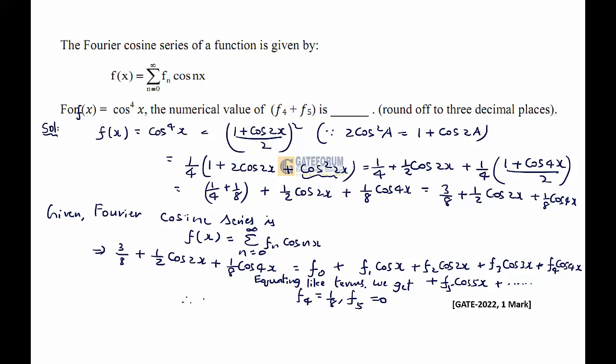Therefore the numerical value of f4 plus f5 is nothing but 1 by 8, that is 0.125. So the answer is 0.125. This is the end of the question.